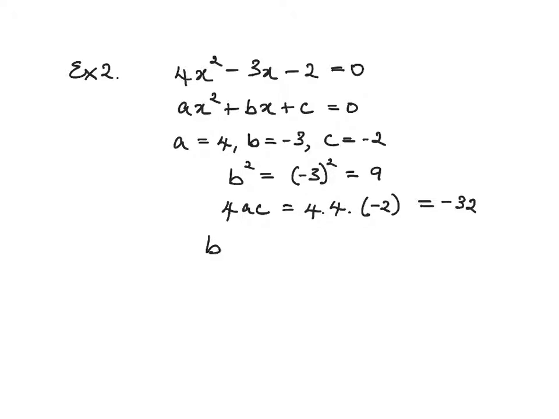And b squared minus 4ac is 9 minus 32. Don't forget, we have a minus there. That's a plus, and that gives us the value 41. So, let me just write down the formula again.